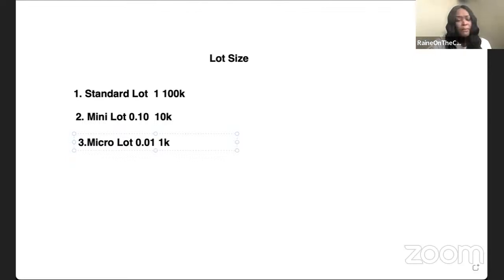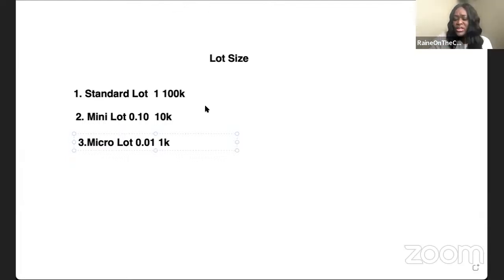Now, most people don't have $100,000, $10,000, or even $1,000. You hear people saying, hey, you can start trading. If you even have $10, some brokers will let you trade starting out with $10 because of leverage. But remember, I said it's a double-edged sword.